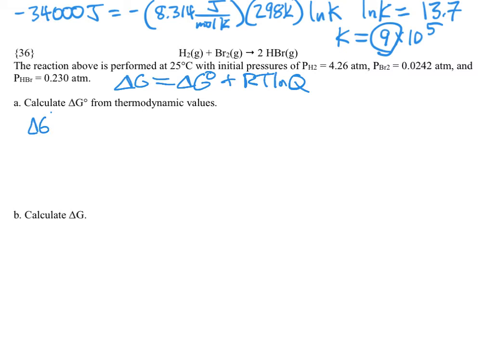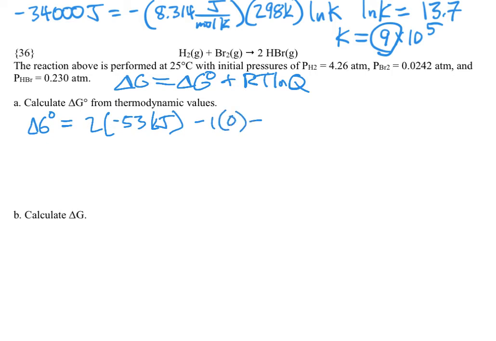All right, if you looked some numbers up in the appendix of the textbook, we can do a products minus reactants calculation to solve for the delta G0. The free energy of formation of HBr is negative 53, so I'm going to have 2 times negative 53 kilojoules. The free energy of formation of hydrogen, of course, is 0, so that's minus 1 times 0.